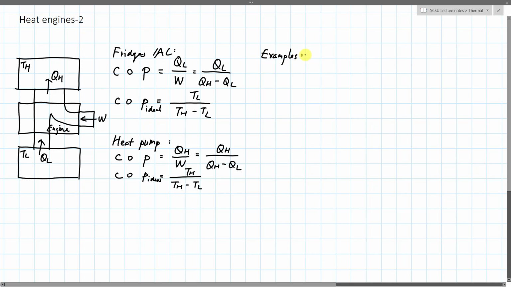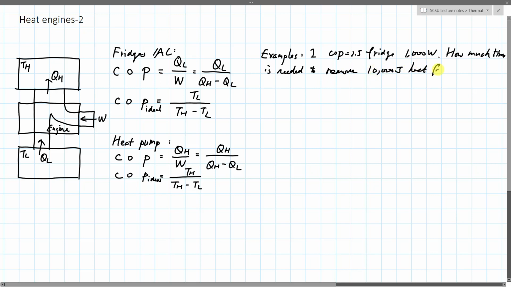First, in example 1, let's assume we have a fridge with a COP equal to 2.5 that has 1000 watts. How much time is needed to remove 10,000 joules of heat from inside the fridge?